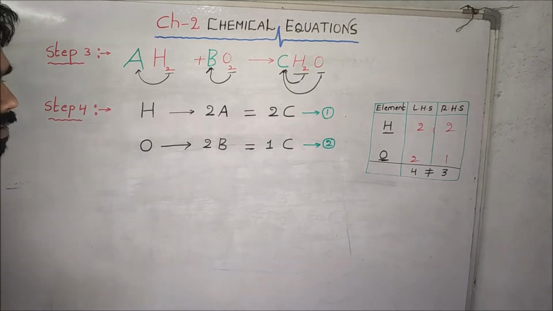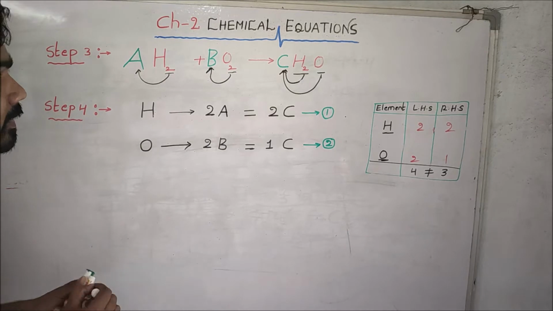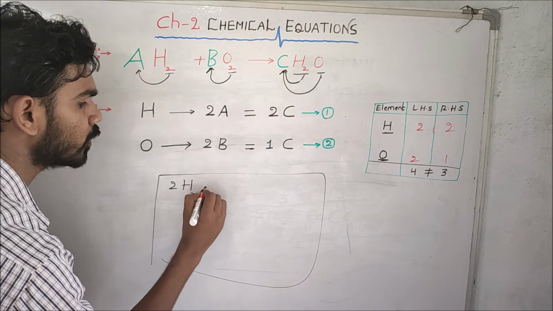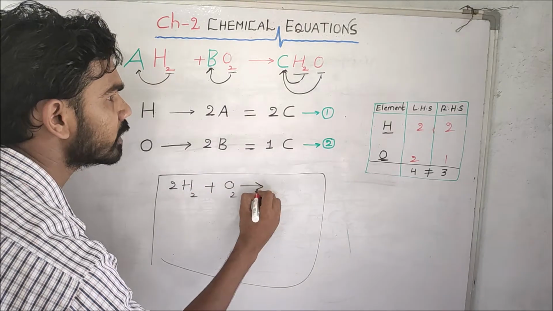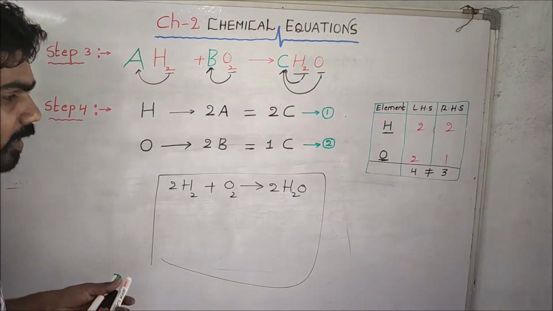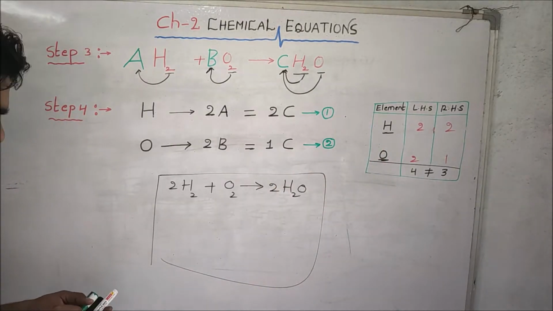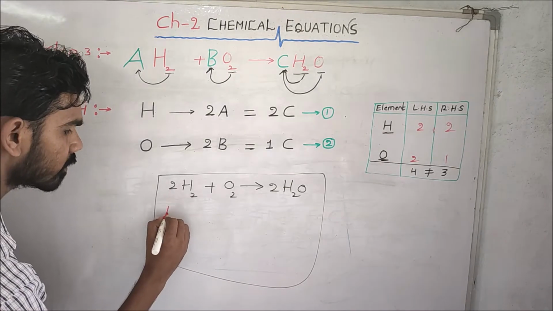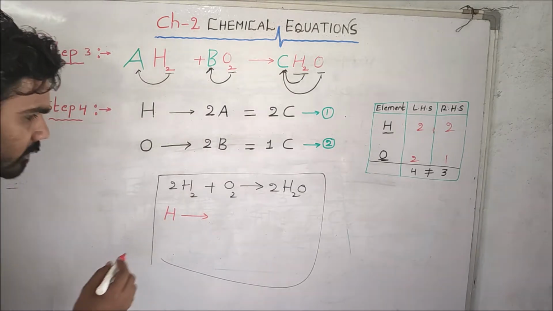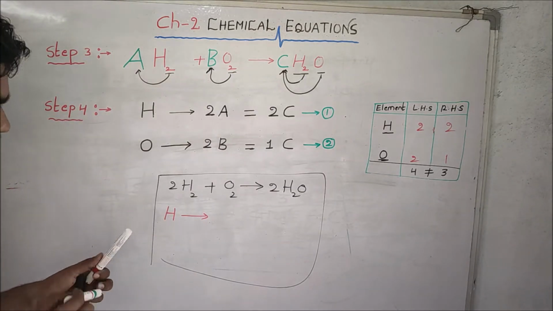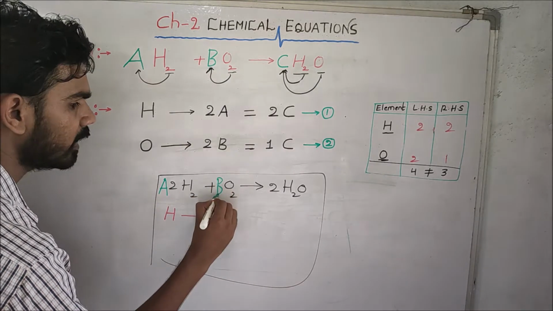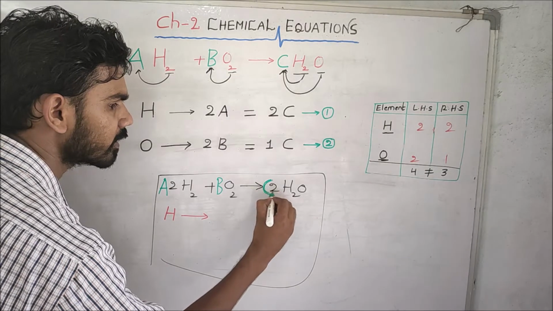Okay, now I will give you one more example. For example, if it is like this, 2H2 plus O2 gives rise to 2H2O. Suppose, how to write? Now first which atom is there? Hydrogen atom is there. On left hand side, how many hydrogens are there? For example, this is A family, this is B family, this is what, Nana? C family.